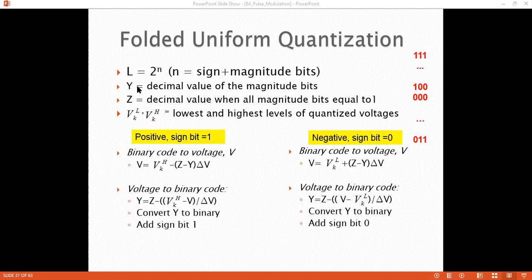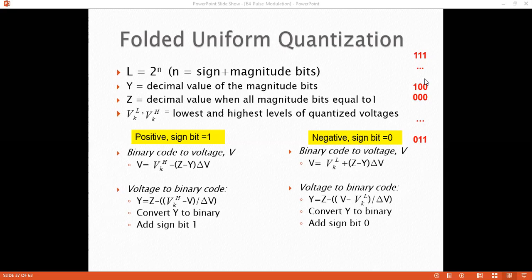Here in this equation, we want to define some parameters. Y is the decimal value of the magnitude bits, and Z is the decimal value when all magnitude bits equal 1. For example, in this 1, 1, 1, the value of Y is equal to Z because it's 1, 1, 1.